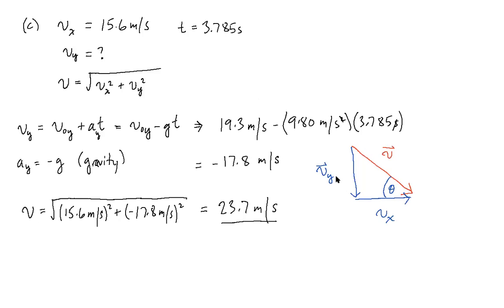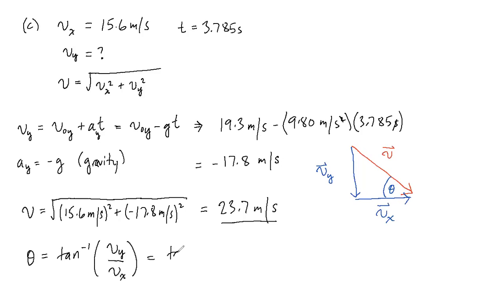And so we can simply take the inverse tangent of the y component divided by the x component. So the angle is going to be the inverse tangent of Vy over Vx.